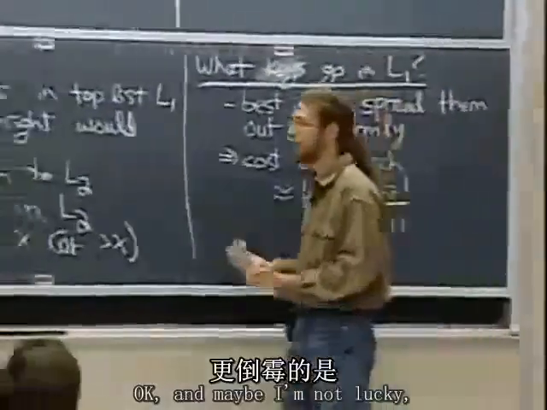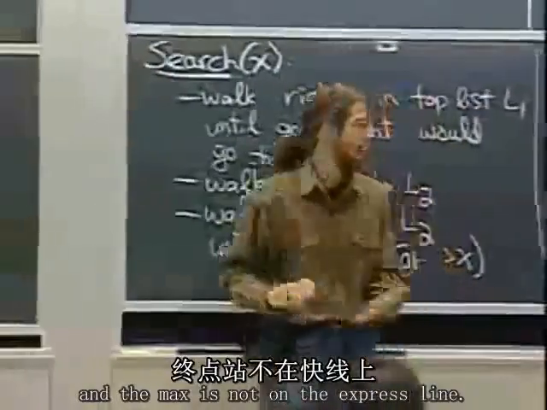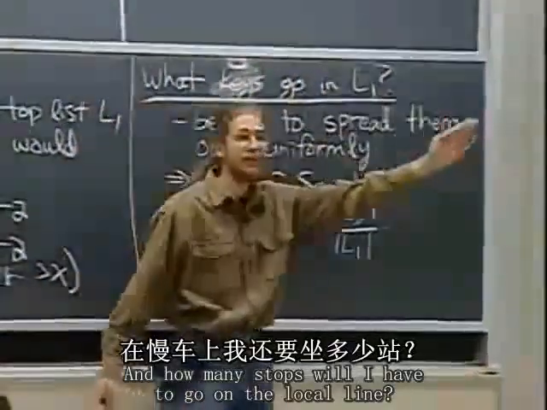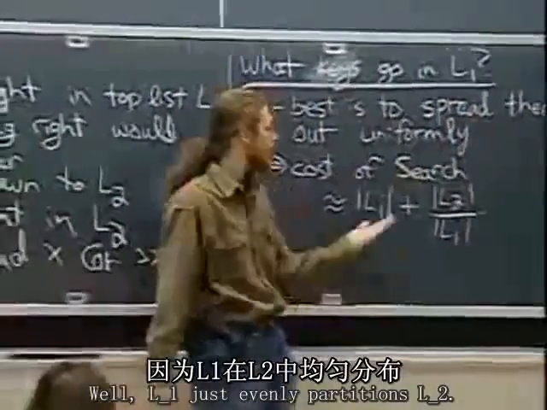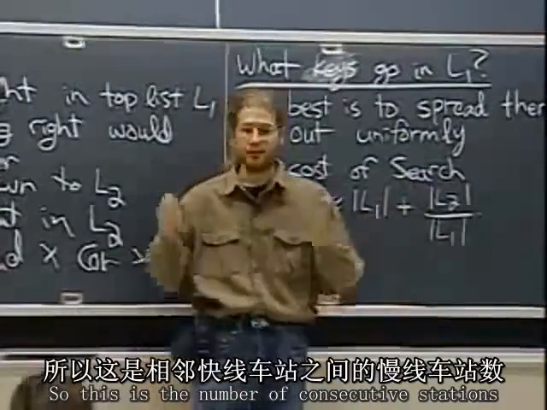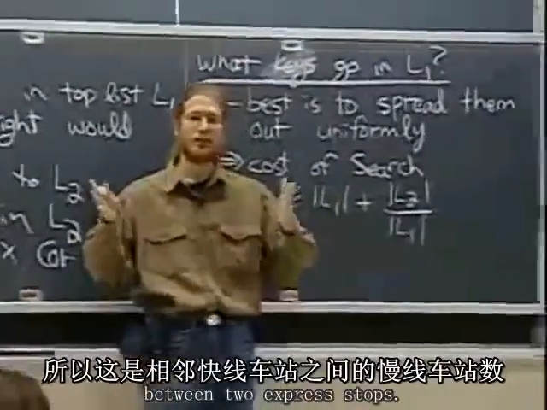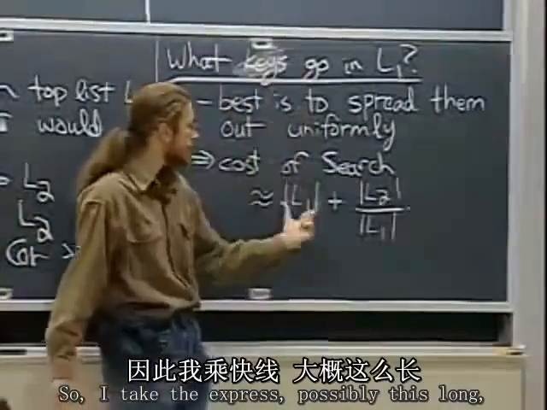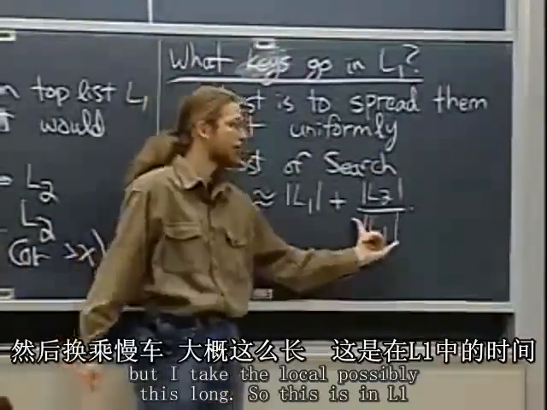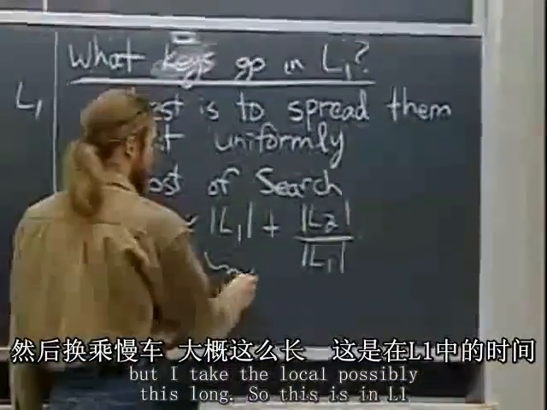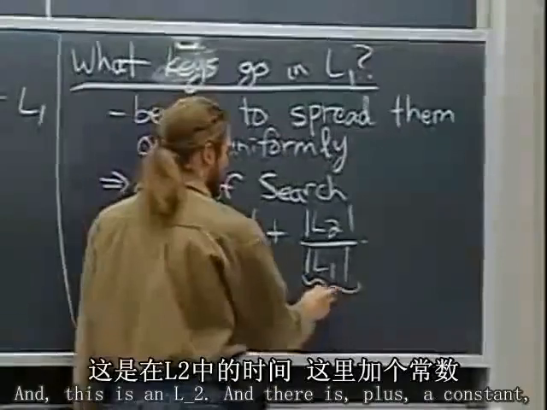Okay, and maybe I'm not lucky and the max is not on the express line, so then I have to go down to the local line. And how many stops will I have to go on the local line? Well, L1 just evenly partitions L2. So this is the number of consecutive stations between two express stops. So I take the express possibly this long, and then I take the local possibly this long. So this is in L1, and this is in L2.